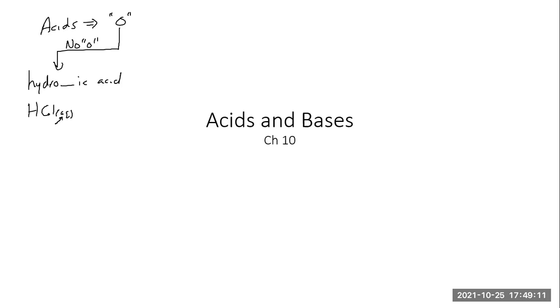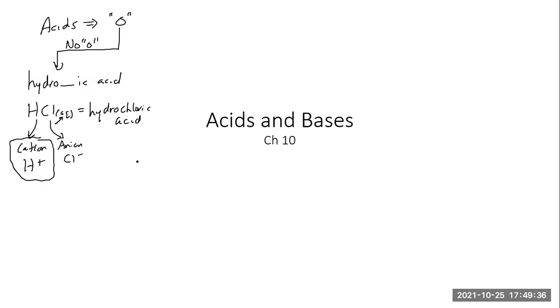So for example, with HCl, I know it's an acid because it says aqueous next to it, and that's usually what acids are. We see no oxygen, so this becomes hydro, and the negative part is chloric acid. So this would be hydrochloric acid. The cation, the positively charged ion, is H plus, and the anion is Cl minus. In every acid you deal with, the positive part is always H plus.